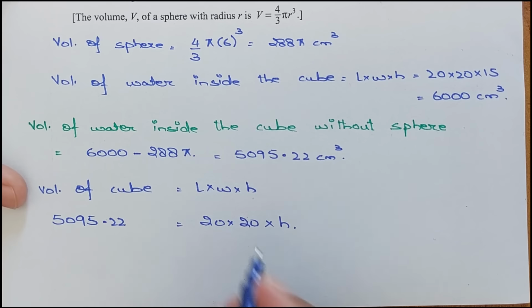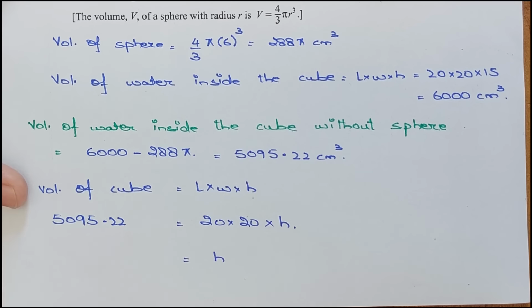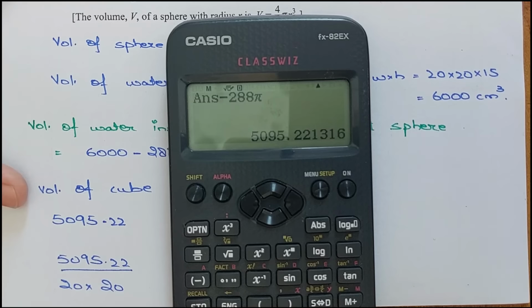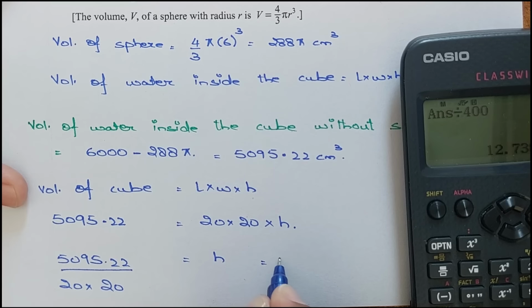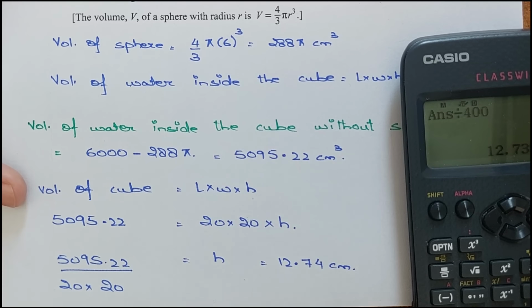So to calculate the value of height, what is h? 5095.22, we have to divide by 20 times 20, which is 400. This is 12.738, 12.74 centimeter. That is the height, the new depth of the water.